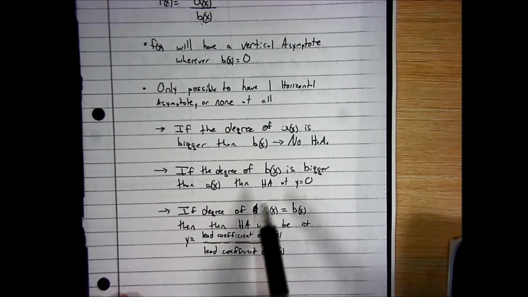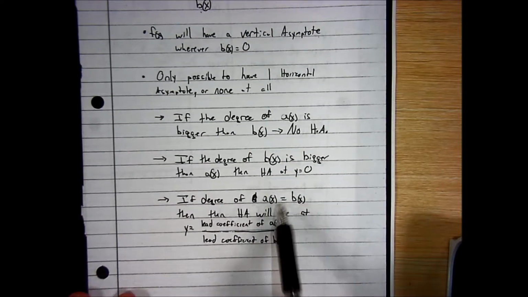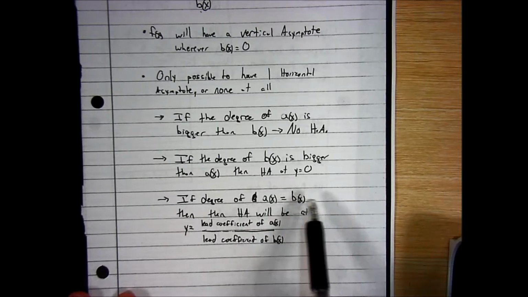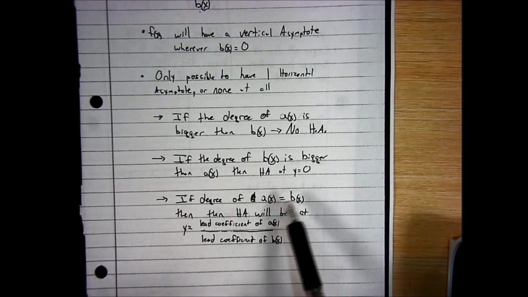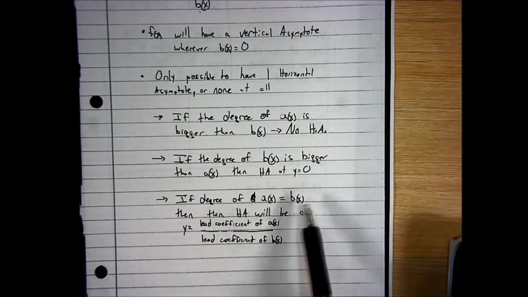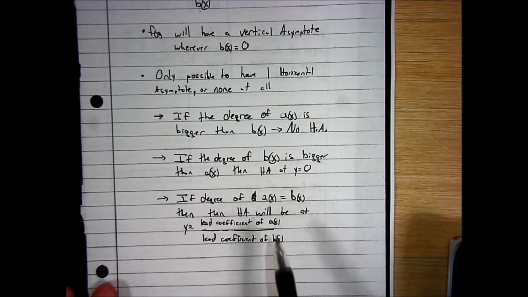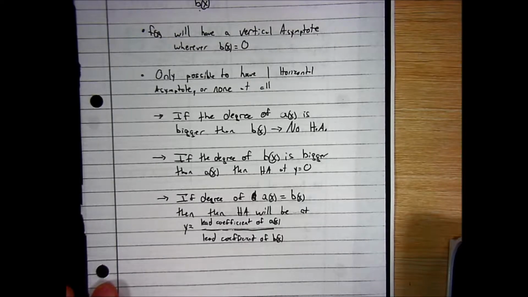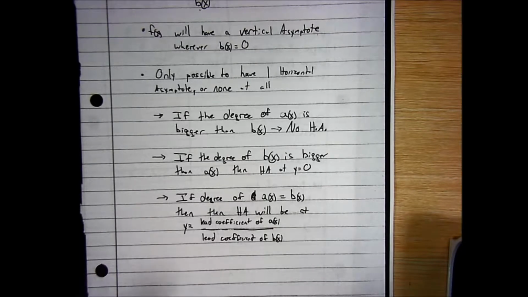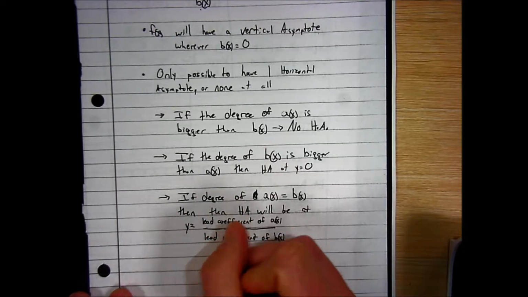And the tricky one is when the degrees are equal. Like if we have an x to the third on the top and an x to the third on the bottom, okay, then we divide the coefficients that are on those exponents to get where our horizontal asymptote will be. So here's an example like that.